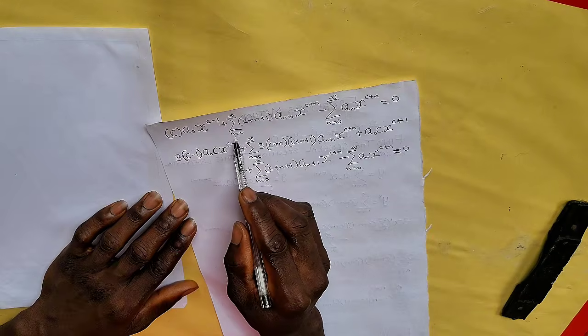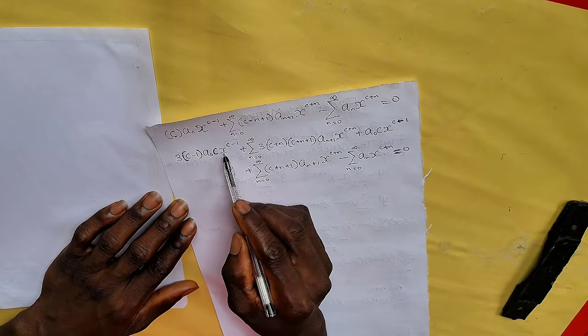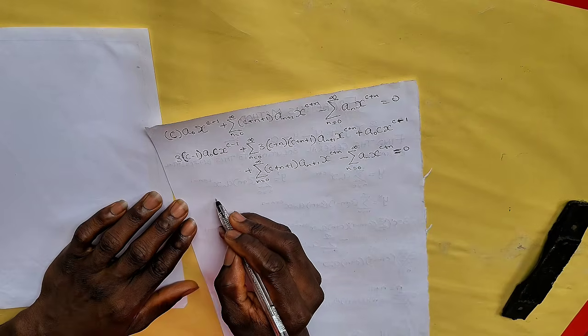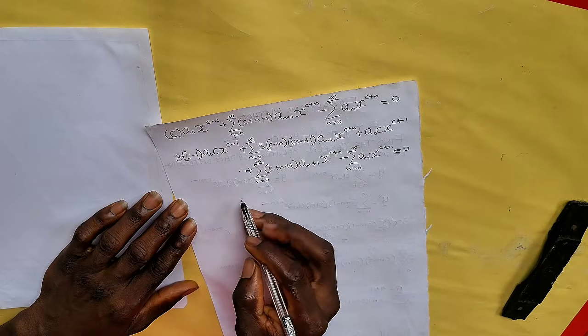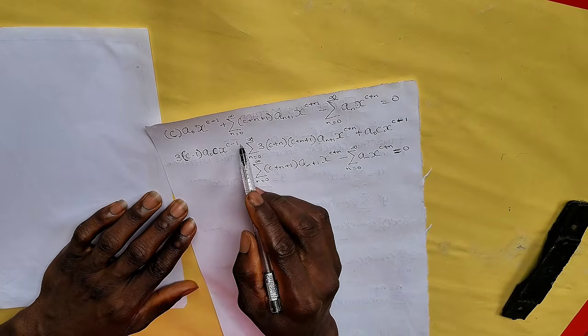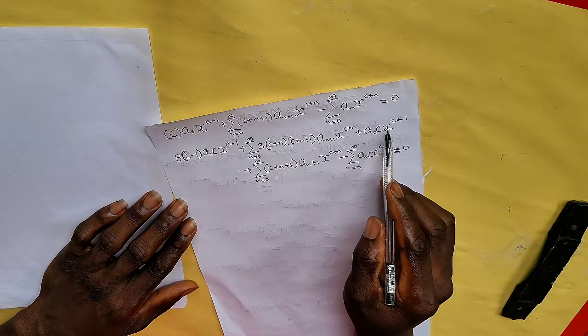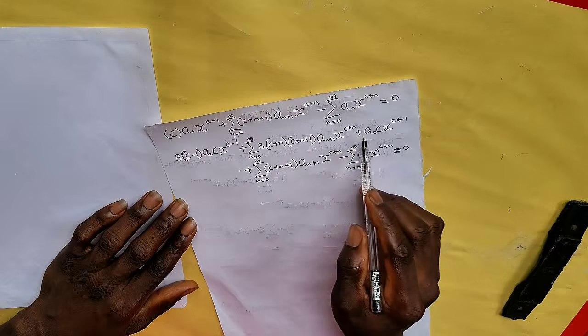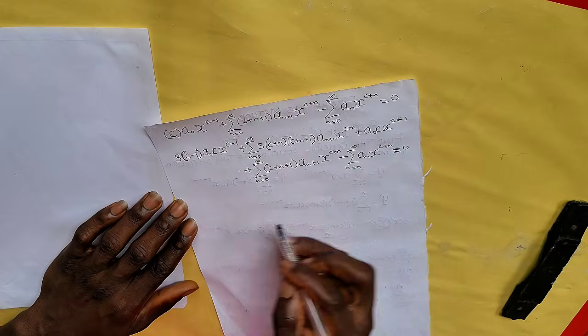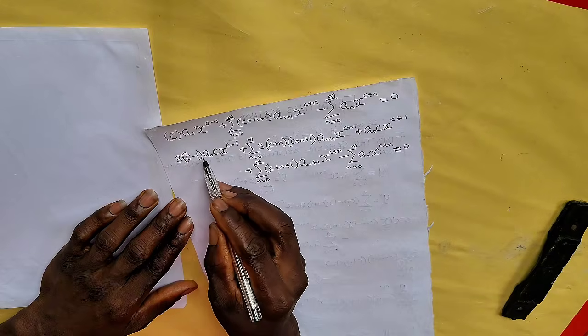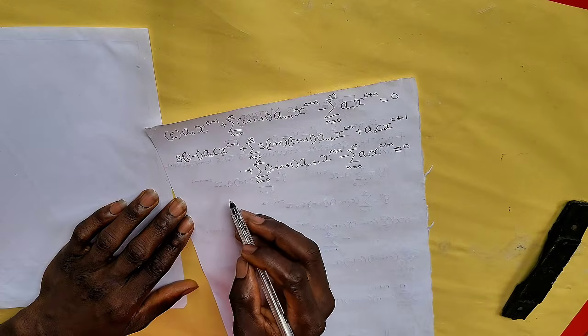Now, if we look at the powers that I have, there is a power x^(c-1). We are going to look at the terms that have x^(c-1) as the power. You see it's only two, so we'll add those together and equate them to the other side. Let me not expand this yet.